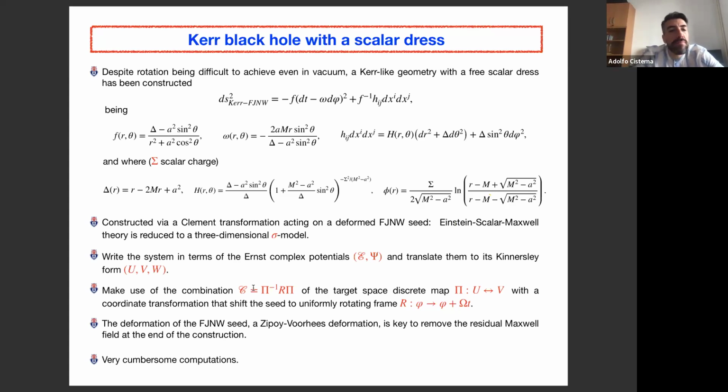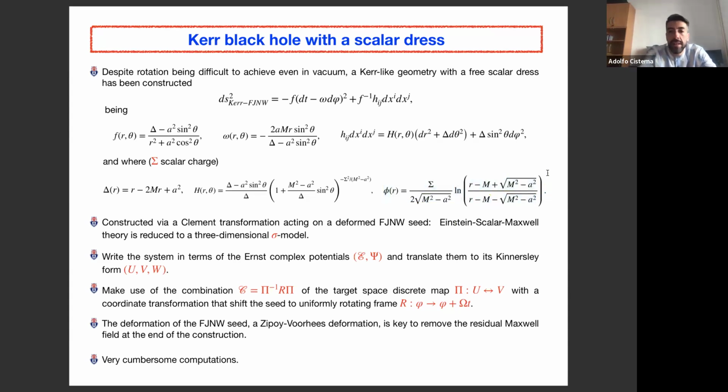It is based on a more sophisticated transformation they invented, based on the symmetries of a sigma model that arises when you compactify Einstein-Maxwell theory from 4 to 3 on a time-like direction. You apply some symmetries, you go back, and you obtain this very interesting geometry that is basically Kerr with a minimally coupled scalar field around that has this logarithm profile.